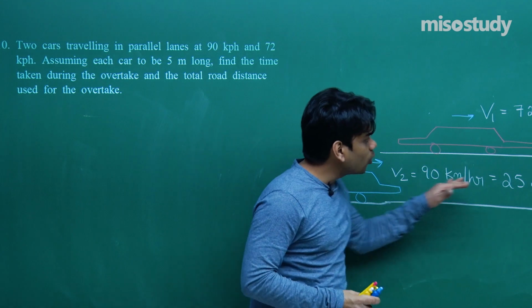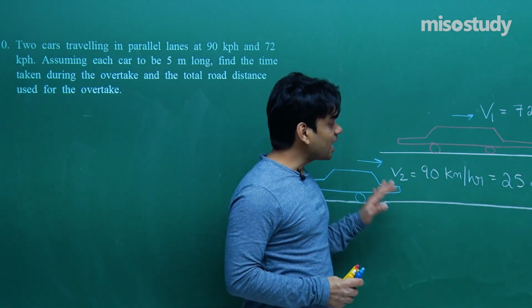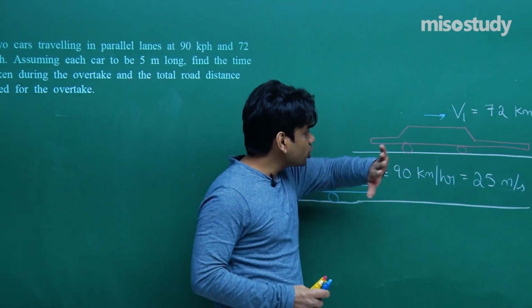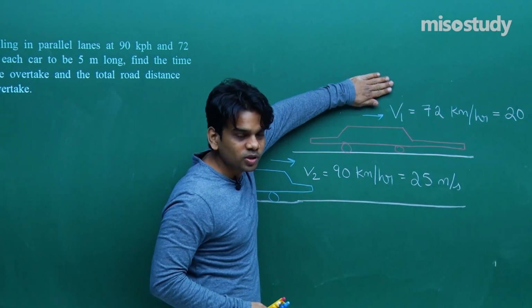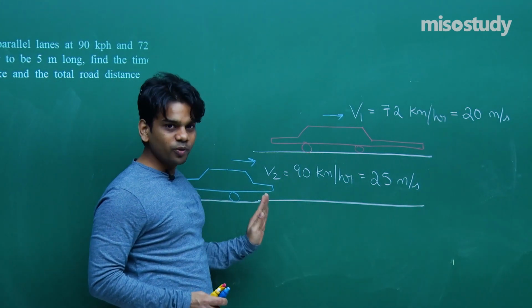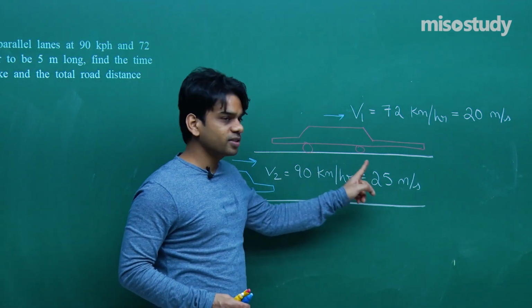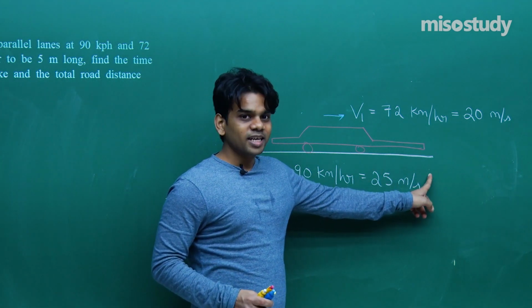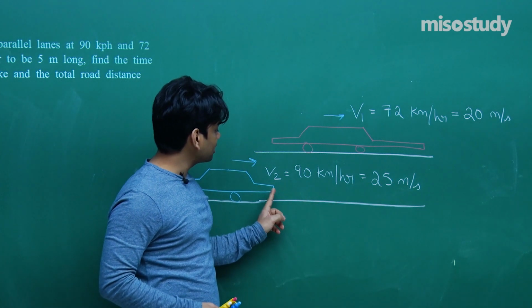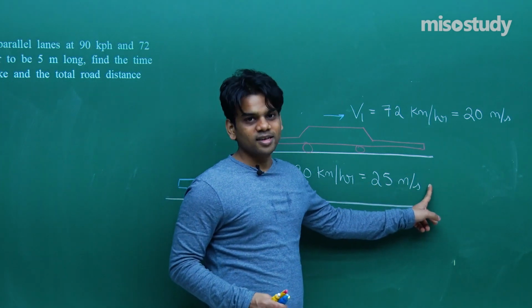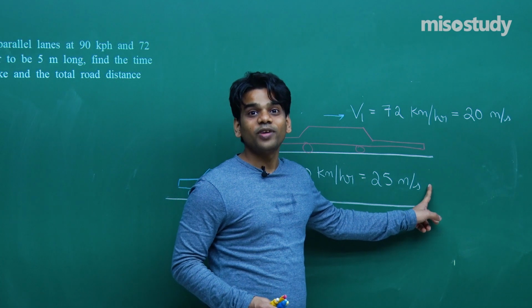When this car overtakes, it has to move, see how much distance. If I stop this car, and if it starts moving, first of all, its front end will reach here. In doing so, the front end starts from here and reaches to this end. It means the front end would have traveled 5 meter.